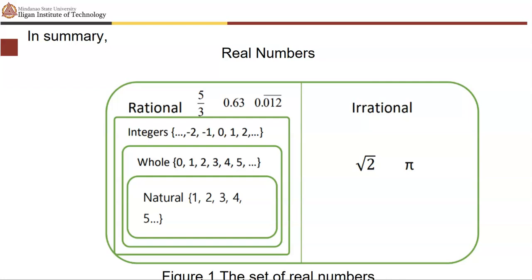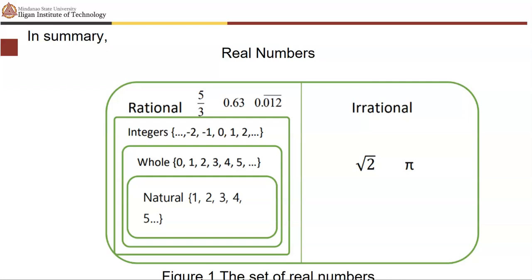Now, 0.63 is also another rational number, and 0.012 012, that means after this you repeat again 0, 1, 2, 0, 1, 2, and down the line. That means this is actually a repeating decimal number.